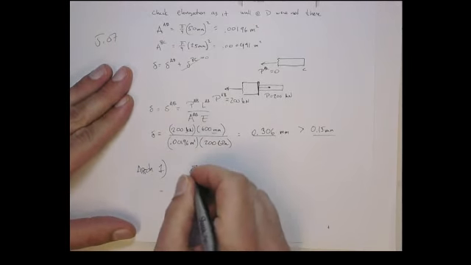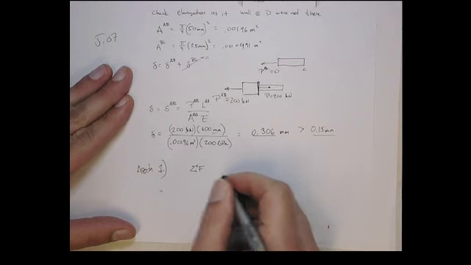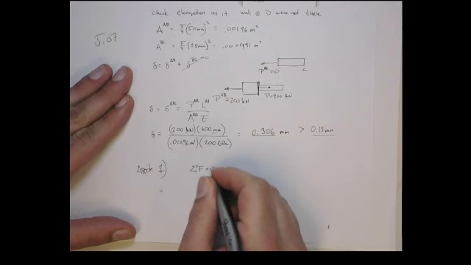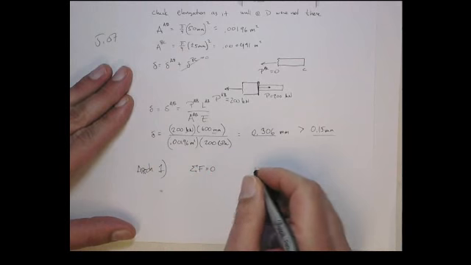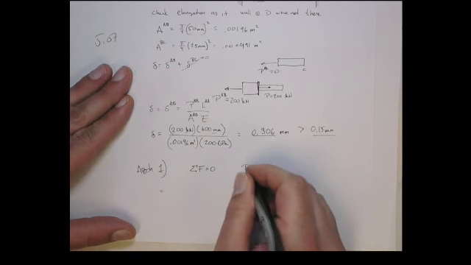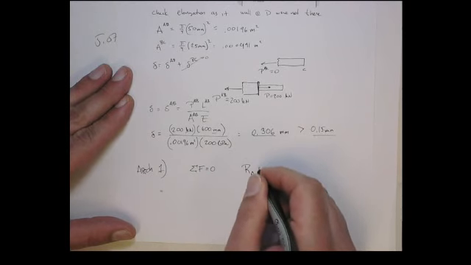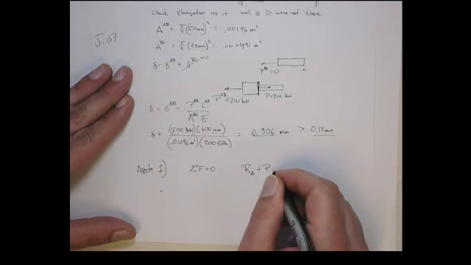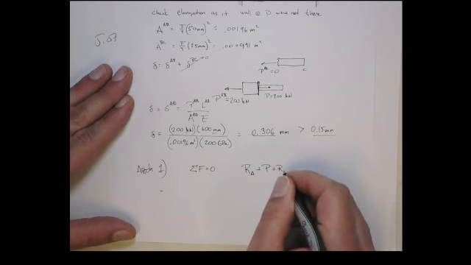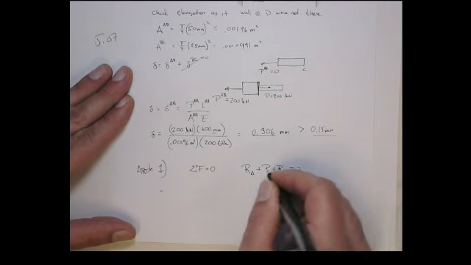We have two equations and two unknowns. We have the sum of forces in the x direction has to equal 0. In other words, the reaction at A plus P plus the reaction at D all sum to 0. This is assuming the directions shown here.